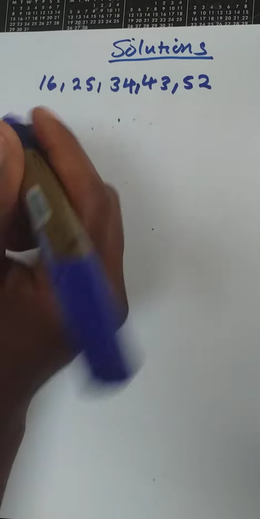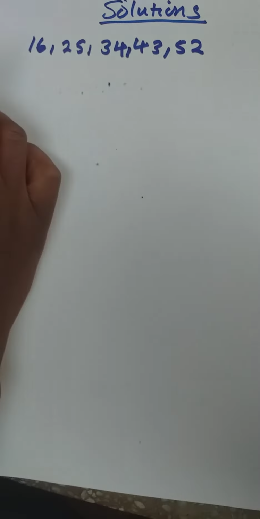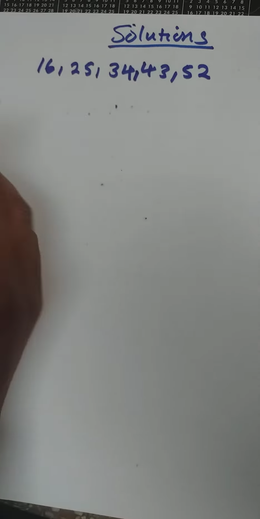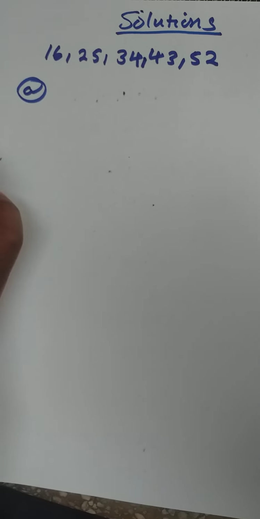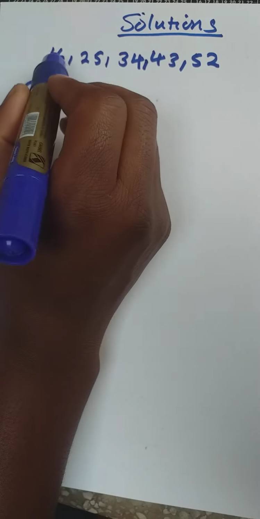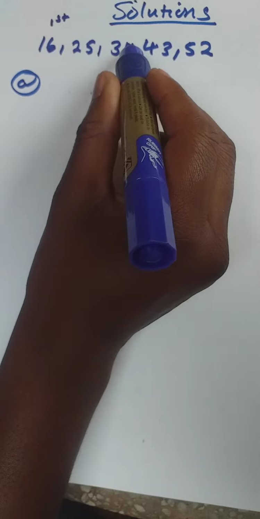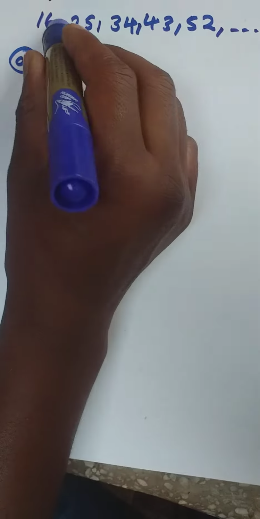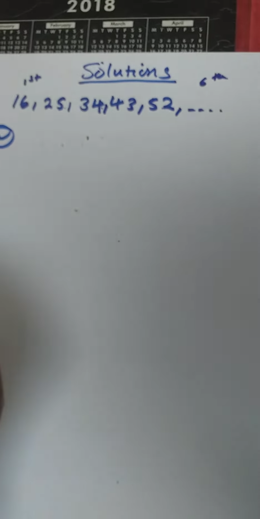Write down the next term and then the nth term. First, the next term will be, so this is the first term, the second, third, fourth, fifth. So the next term they are talking about is 1, 2, 3, 4, 5, 6. So we are talking about the 6th term. That's the one we want to find.